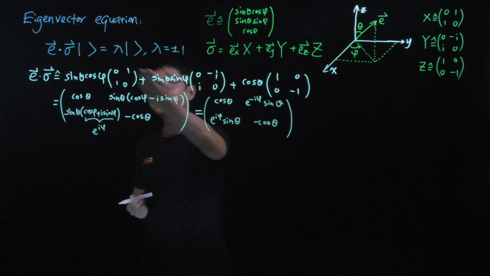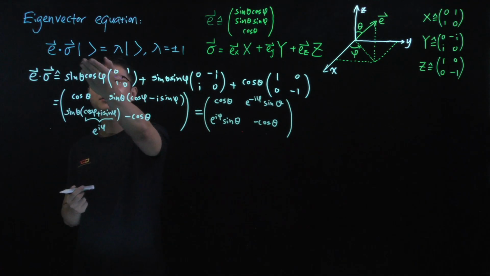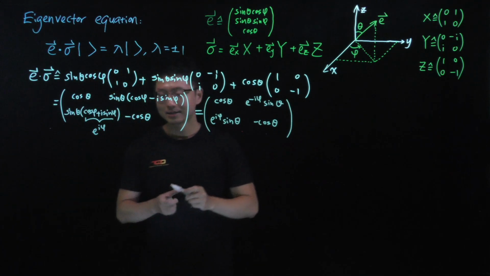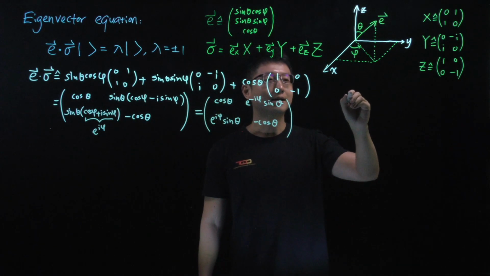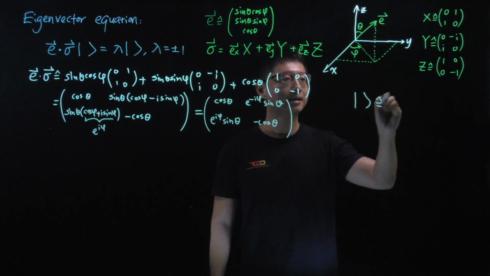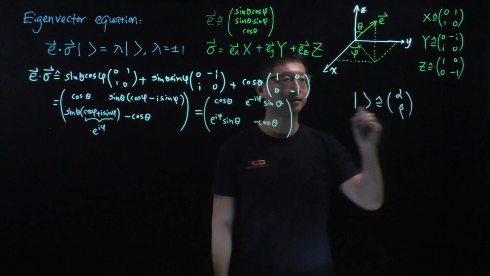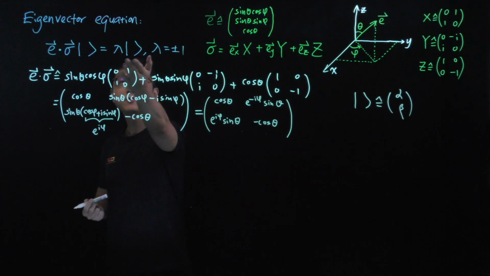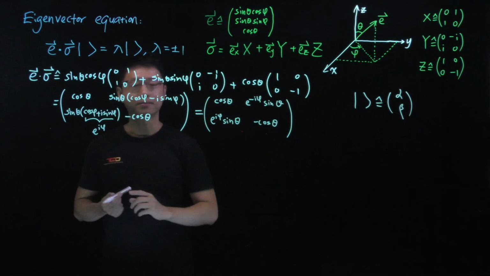Now, in order to solve this eigencat equation, first we have to parametrize our cat. So for that, let me just parametrize this cat using alpha and beta. And let me focus on the lambda eigenvalue equals to plus 1.